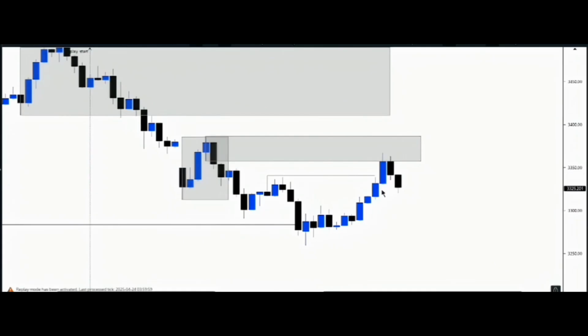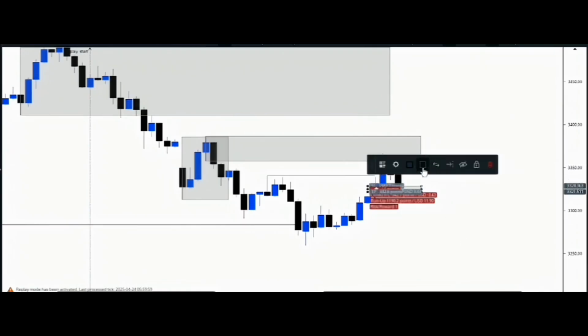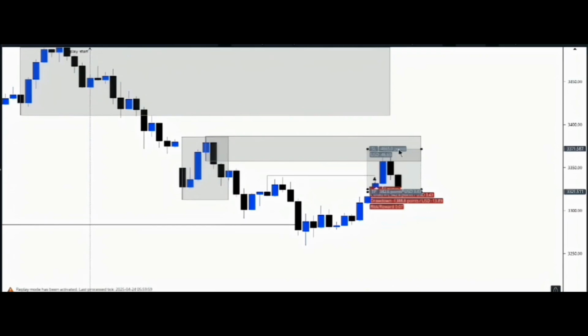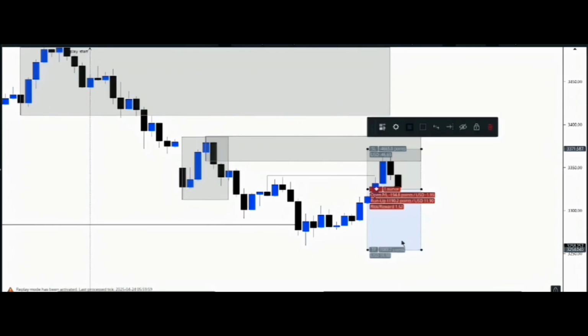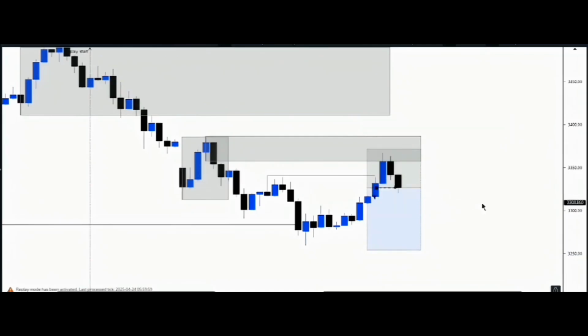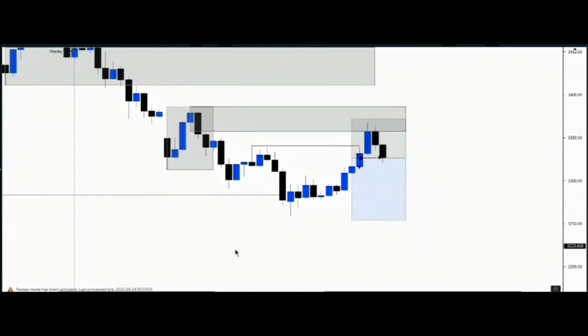Okay, now price has taken out this low, so we can actually frame our trade here to go short. Our TP just there. Okay. And so that's our trade. Let's see how that goes.